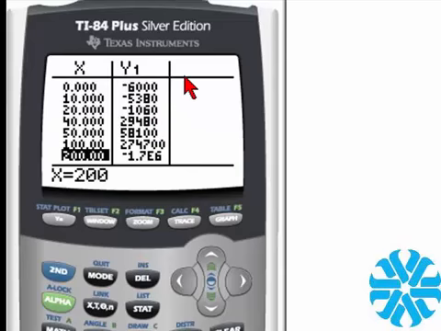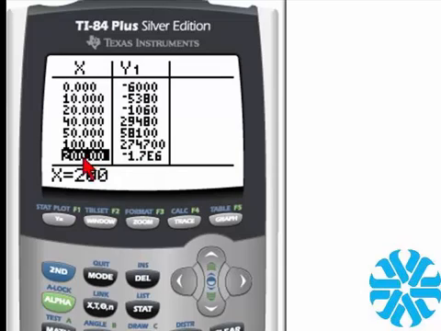Then all of a sudden between 100 and 200, it makes a change and it's going to start going down. So we need to figure out where it's going down. It's not necessary right now, but we can get a start on the window.